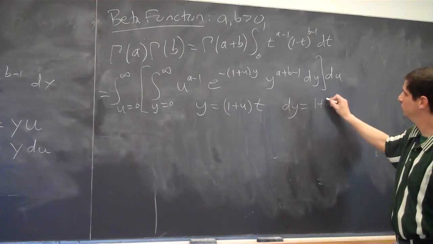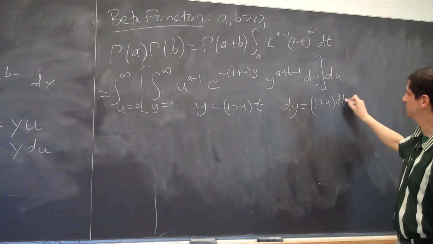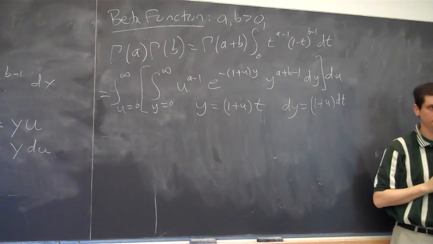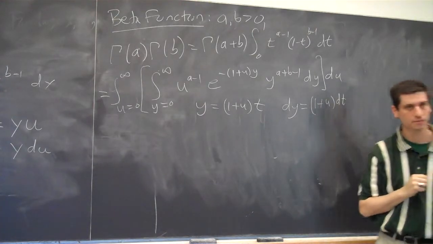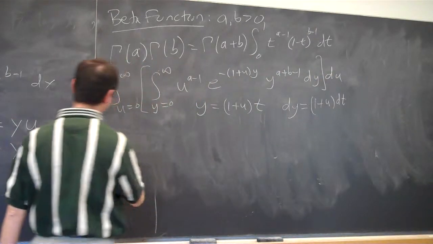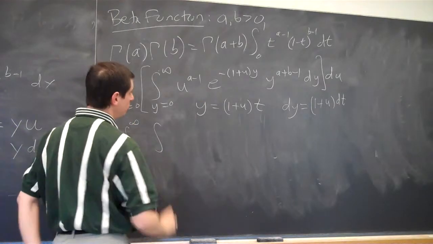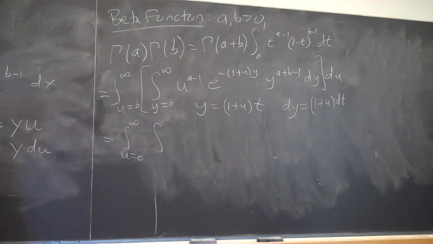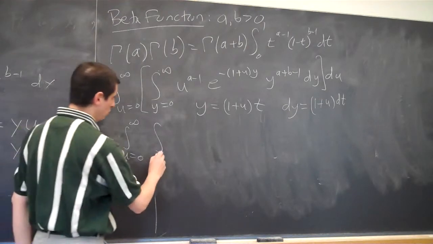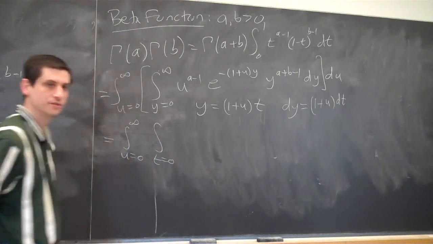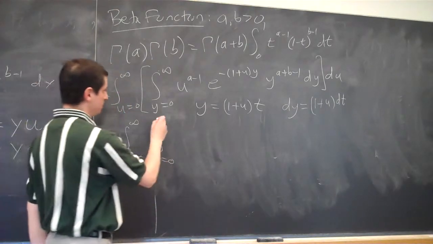It would just be 1 plus u times dt. Okay? And so now if I plug things in, I get the integral u goes from 0 to infinity. What's my range for t? When y equals 0, t equals 0. When y equals infinity, t equals infinity.